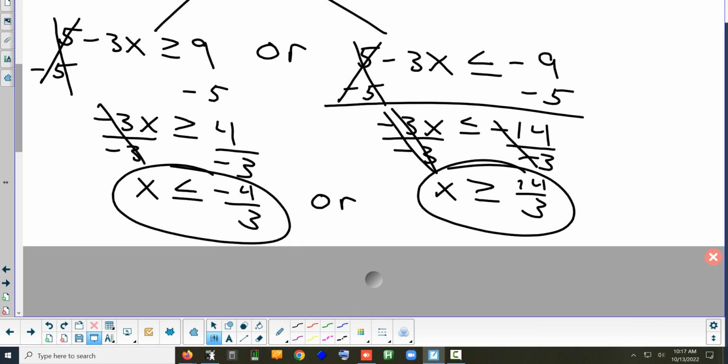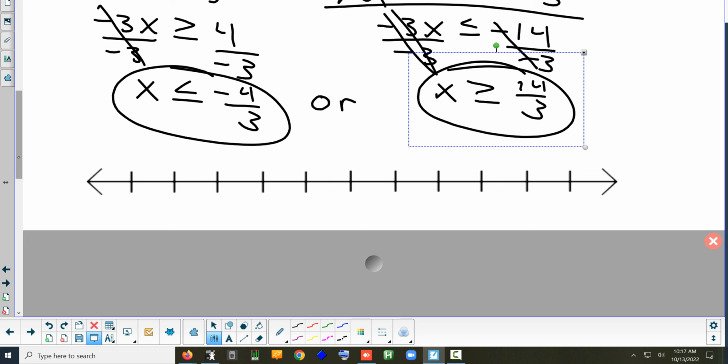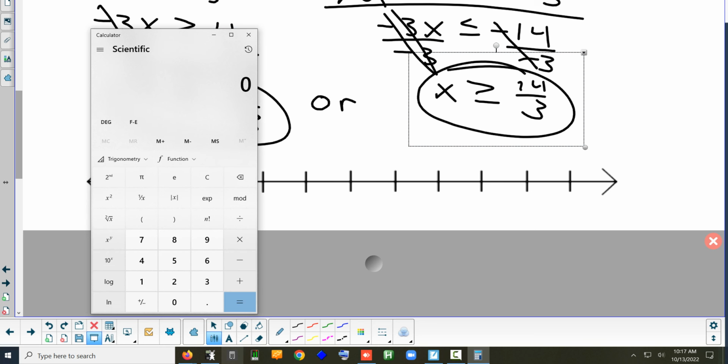Okay. Now, that's the solve part. To graph that, that's a little tough as a fraction. So I'm going to use my calculator, and I want to see what these are as a decimal, because that's going to make it a lot easier to do my number line. So let's take 14 divided by 3 and just write down what that is off to the side. It's a little over 4.5. Okay, so it's about 4.7.